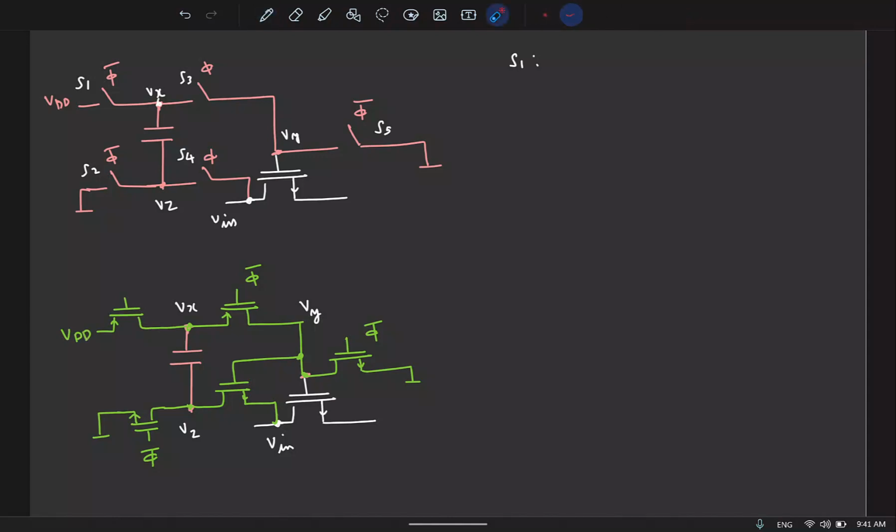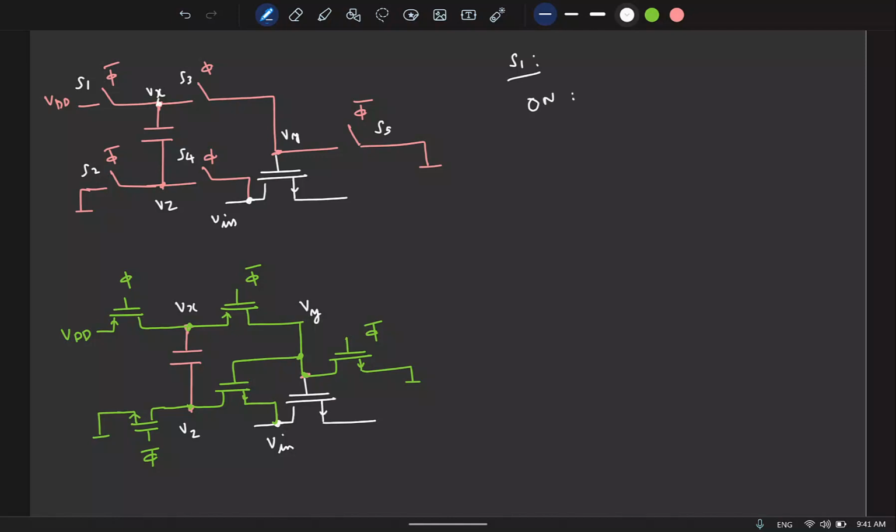So here we have clocked it at phi bar. So what should be the control for PMOS? Phi inverted. Again, let us see if the gate signals we give for the transistor are good enough to turn it on and off. Let us say you want to turn the switch on.